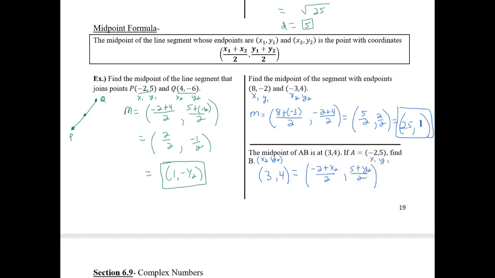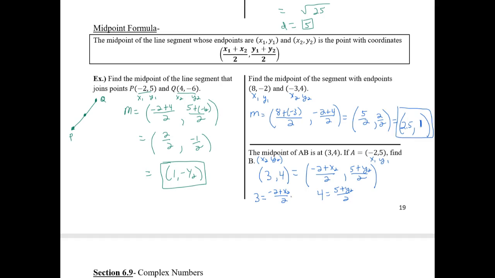So I could break those up into two different equations: 3 has to equal -2 plus x2 over 2, and 4 has to equal 5 plus y2 divided by 2. Right? Because my x value has to equal the x coordinate of the midpoint, and this y value has to equal the y coordinate of my midpoint.